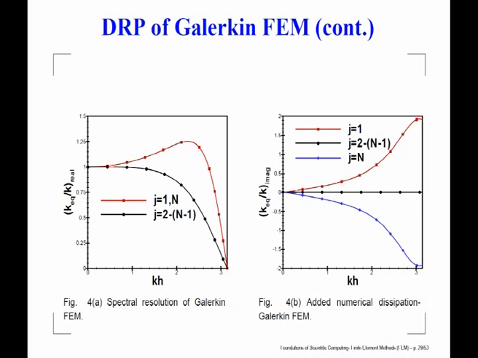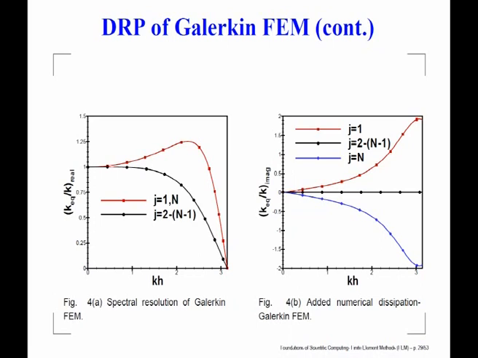If you had taken CD2, that would have started from 1 here, but the k equivalent by k curve would have been far below this, whereas you are preserving k equivalent by k very far into the kh range. It is more than about 1.3, 1.4 as compared to 0.25 to 0.3 for CD2. Of course, the imaginary part you will not get anything, because it is a central representation and you do not have that.